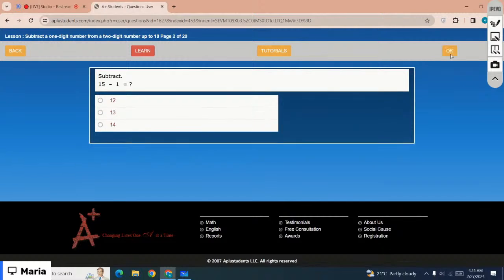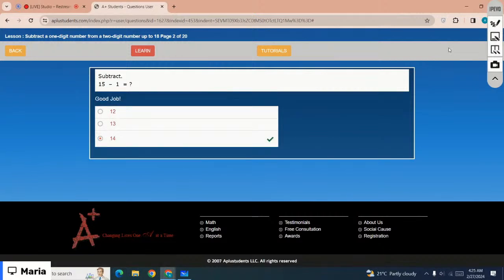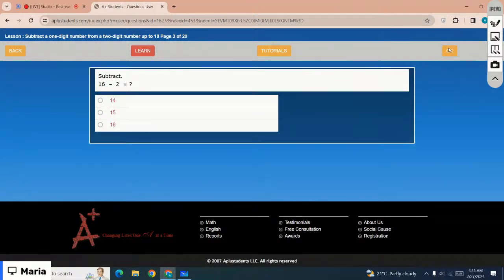The next one is 15 take away 1. So which is the correct option? 14 it is, right? If you start from 15 and go back 1, you end up on 14. So the correct option is 14. The next one is 16 take away 2. So which is the correct option? Start with 16, count back 2.